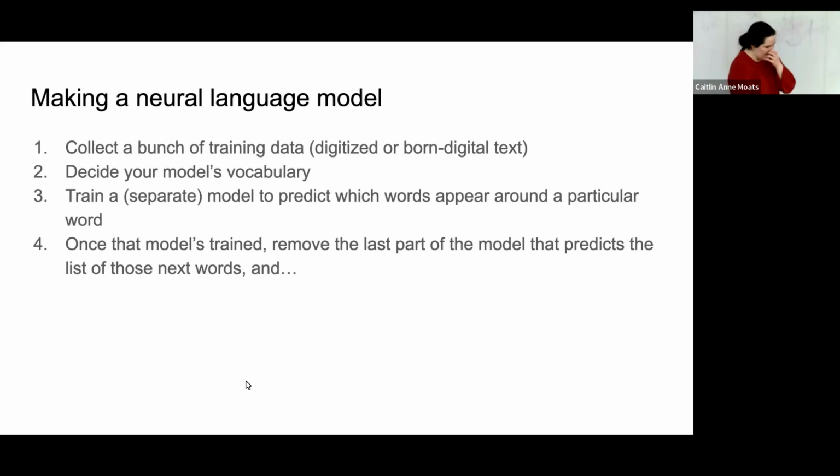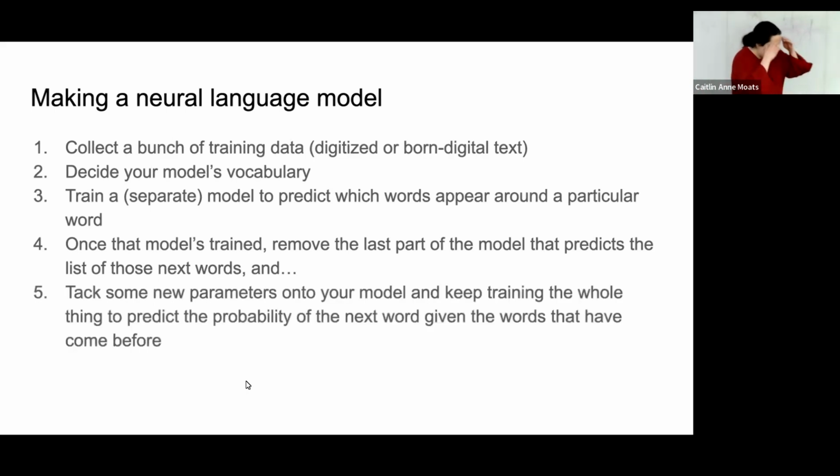In other words, you will keep training the whole neural network to predict the probability of the next word. So not just this sort of cloud of words that appears around a word, but the next word in the sequence. Okay, I think that's mostly just a summary of what we've talked about so far.